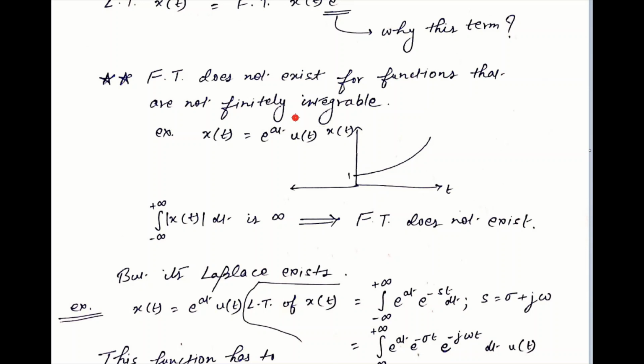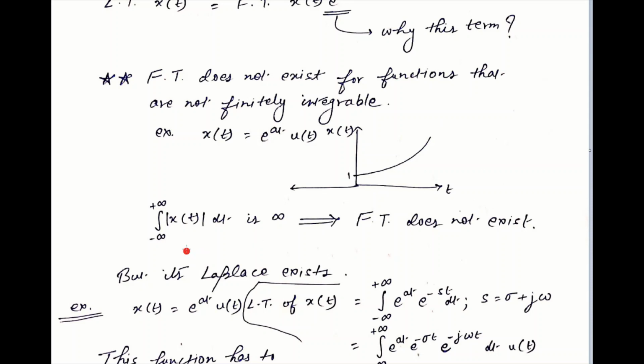But if the function's magnitude is infinity at any instant of time, then it is not finitely integrable, it is not absolutely integrable. For example, take this function e raised to the power at u(t). If I draw its graph like this, then as you can see, as t tends to infinity, the magnitude of this function also tends to infinity. Hence, this function is not absolutely integrable.